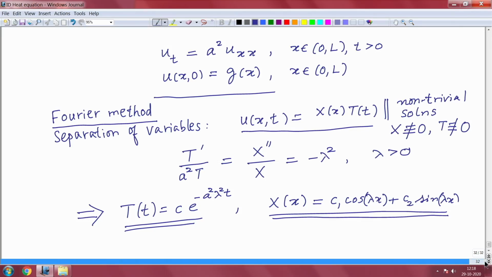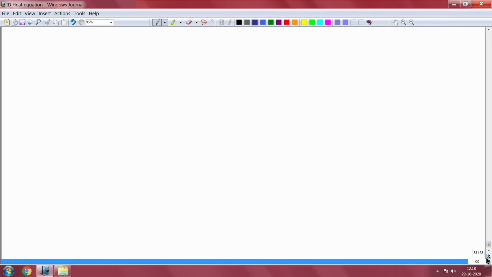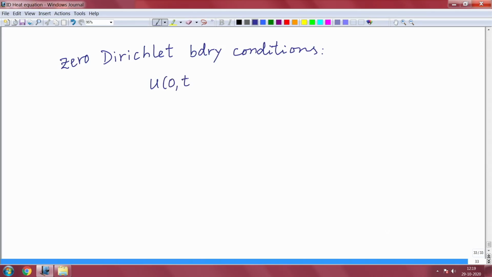So, first we begin with the simple boundary condition, zero Dirichlet boundary condition, namely u of 0, t is equal to u of L, t is 0 for all t positive.